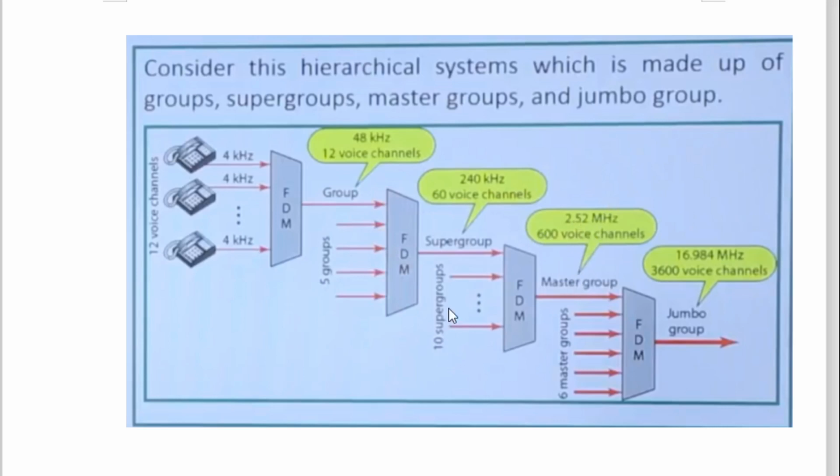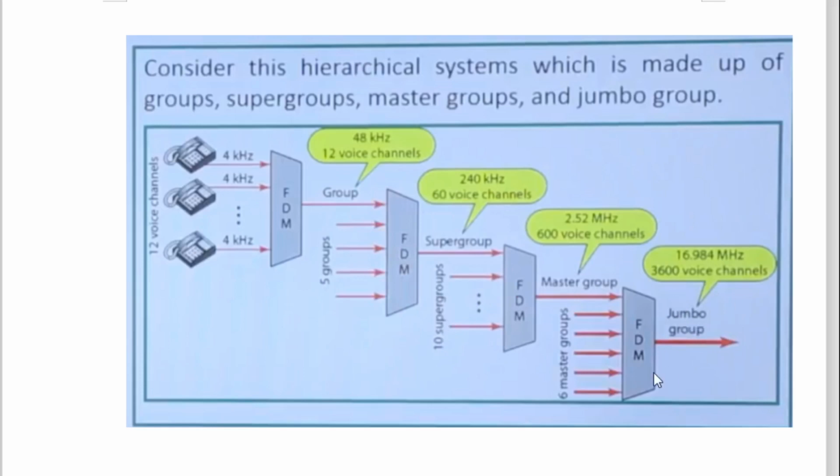And here you see 10 super groups, because in one super group, how many groups are there? 5 groups. And in one group, how many information signals are there? 12. So 10 super groups will form a master group, and finally you come to the jumbo group.